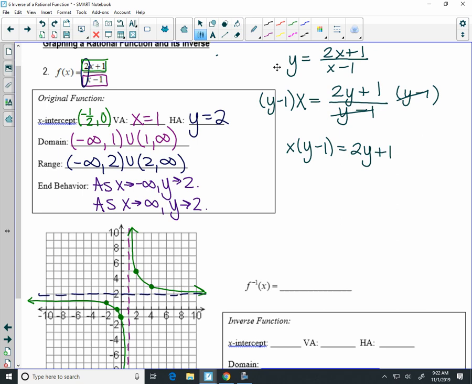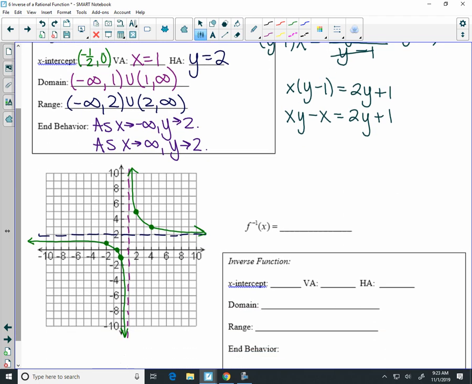So if writing out steps for this one helps, clear the denominator. Multiply your x in, or distribute your x. Get your y's on one side and your x's on the other.